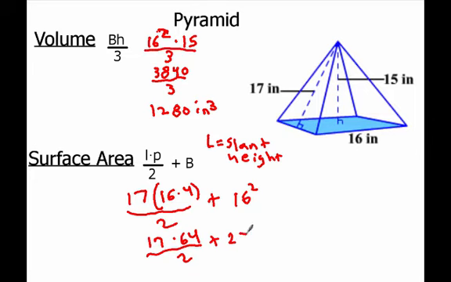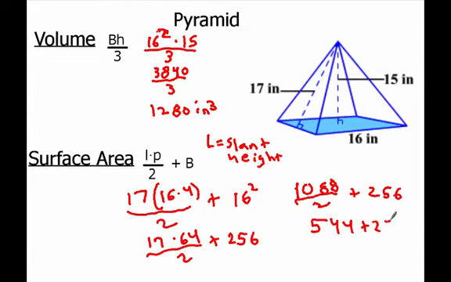So if we work this out, we get 17 times 64 divided by 2 plus 16 squared, which is 256. If we work this problem out, we get 1,088 divided by 2 plus 256. 1,088 divided by 2, that's 544.